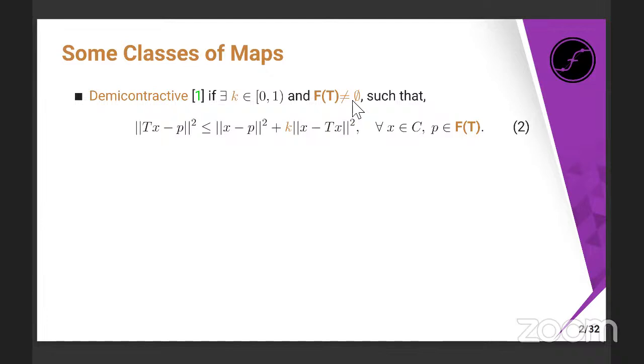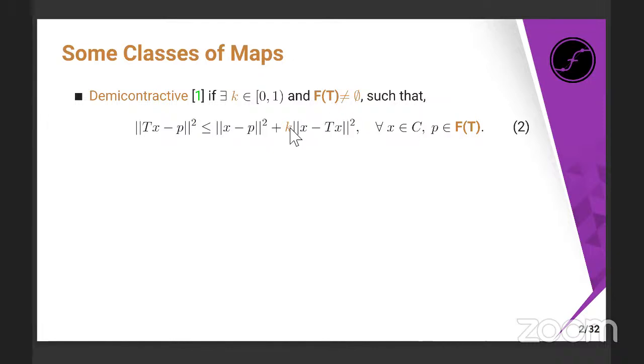This is a generalization of many nonlinear mappings. With the constant k equal to 0, this part will diminish, and we are left with just what you have on the left-hand side, which corresponds to the definition of a very important class of nonlinear mapping called quasi non-expansive mapping with a non-empty set of fixed points.